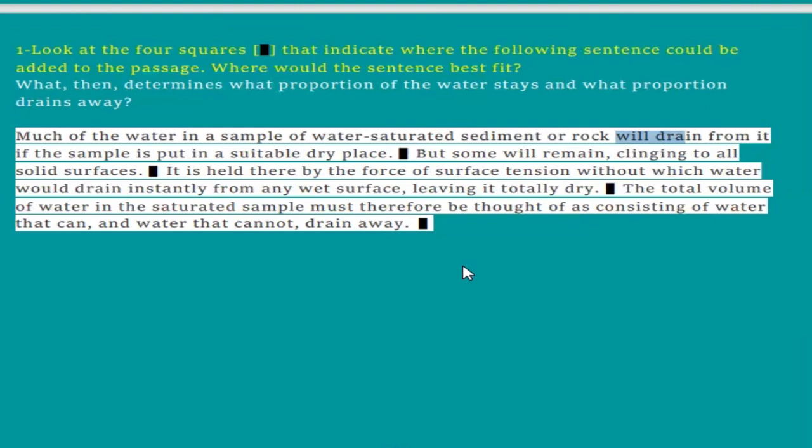Leaving it totally dry. The total volume of water in the saturated sample must therefore be thought of as containing water that can and water that cannot drain away. Okay, so this box is out as well.